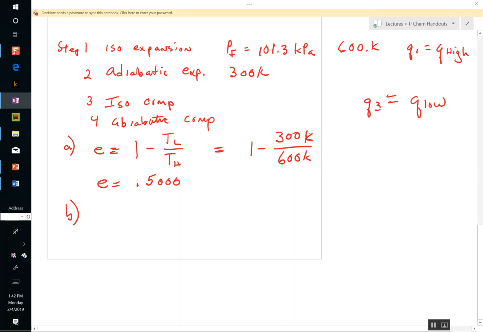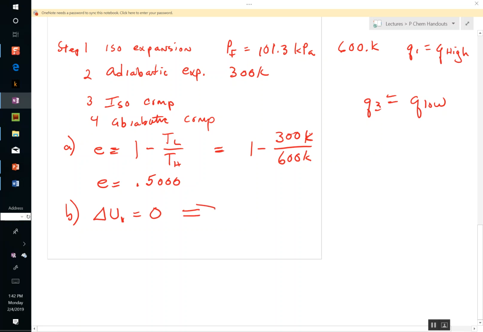Okay, so where do we go with that? If you go back to the chart we were starting to fill out, at step number 1, what is delta U? 0.